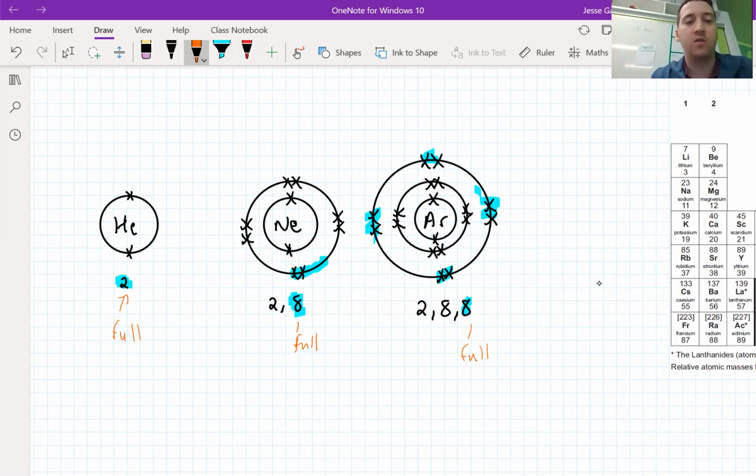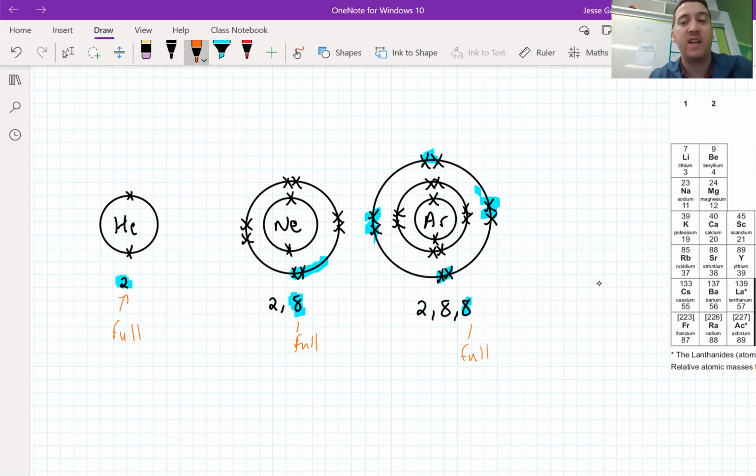The first one has 2, and that's full. The second one has 8 in its outer shell, that's full, and the third one has 8 in its outer shell, that's full. This is a really important idea that you need to understand as a scientist: atoms with full outer shells are very stable. It means they don't want to react.